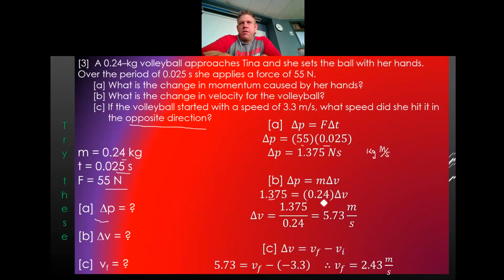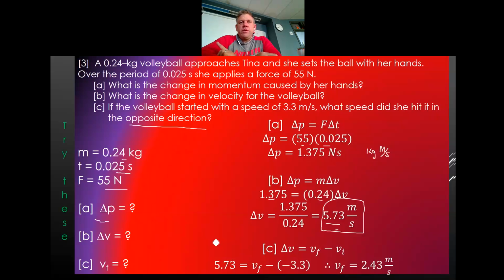All right, and we take the mass of the volleyball, divide the change in momentum by the mass. We find our overall change is 5.73 meters per second. All right. So now what that means is that overall, Tina caused an almost 6 meter per second change.